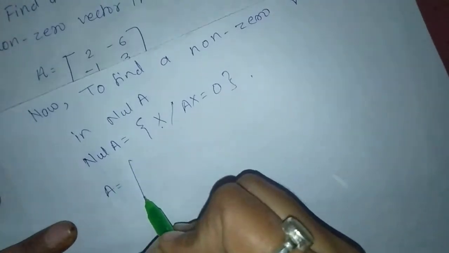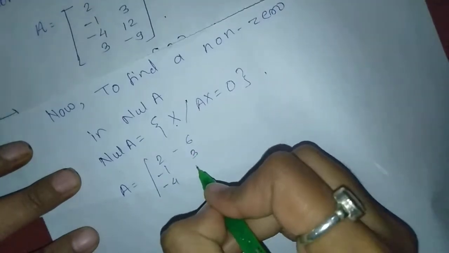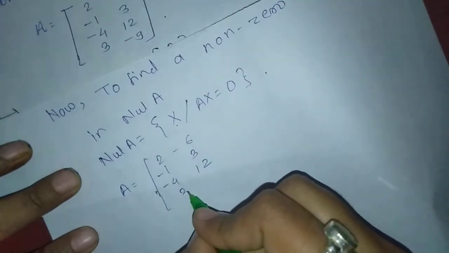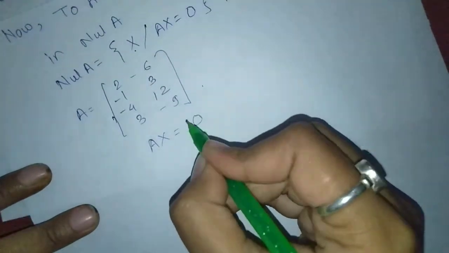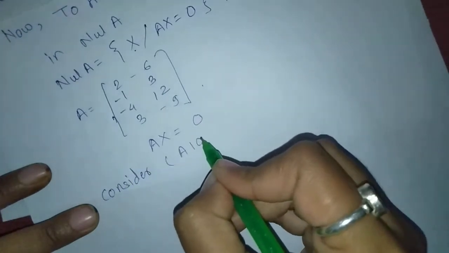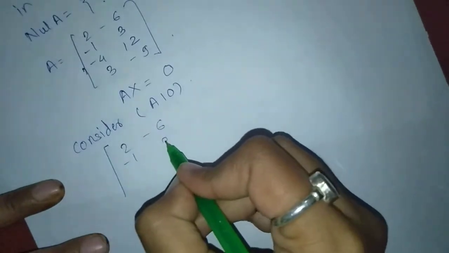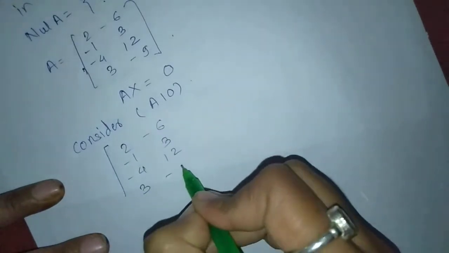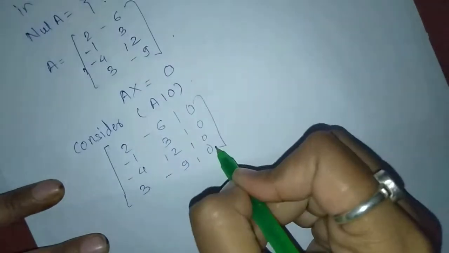Here A equals 2, minus 6, minus 1, 3, minus 4, 12, 3, minus 9, and A x equal to 0. Now consider the augmented matrix [A | 0], where 0 is the zero column vector. A is 2, minus 6, minus 1, 3, minus 4, 12, 3, minus 9, joined with the column 0, 0, 0, 0.